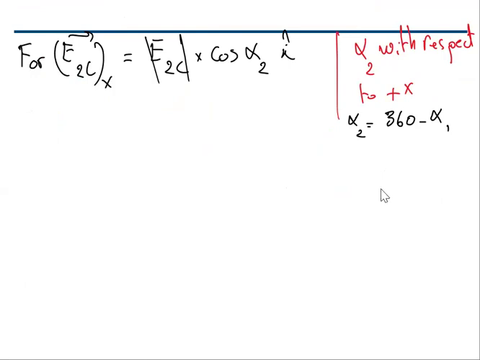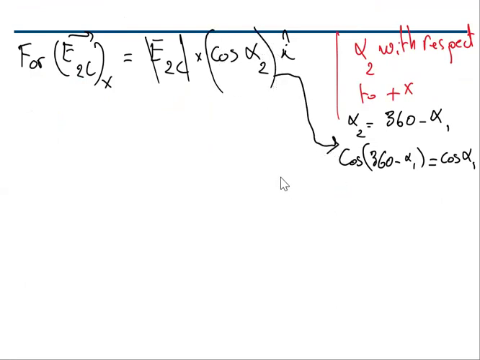Okay, let's continue. Cosine of 360 minus alpha 1 is equal to cosine alpha 1. So we are coming back to the same cosine.